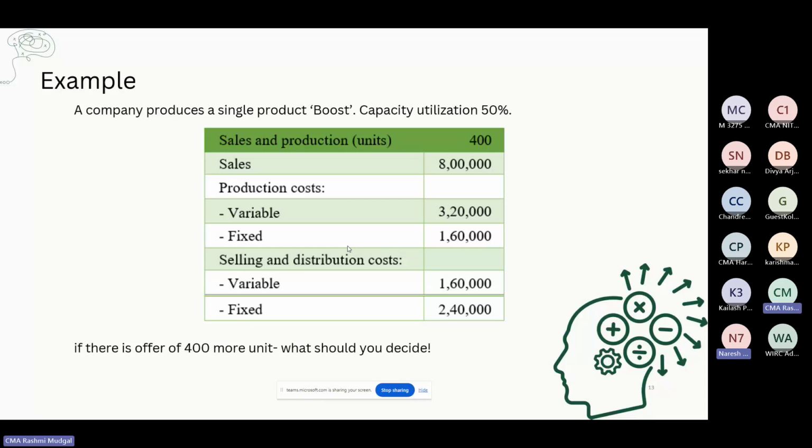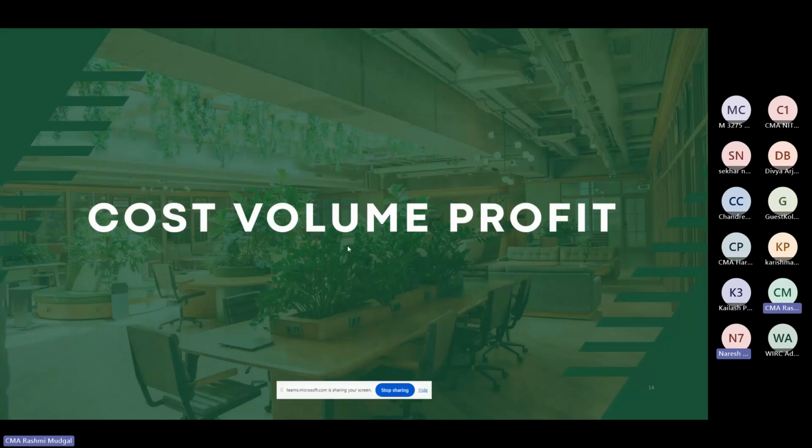Okay. Let's move to another perspective, which is cost volume profit. It actually gives a very good grip. If I come to the practical approach, this is the best thing, because marginal cost will change, even variable cost changes on a daily basis.